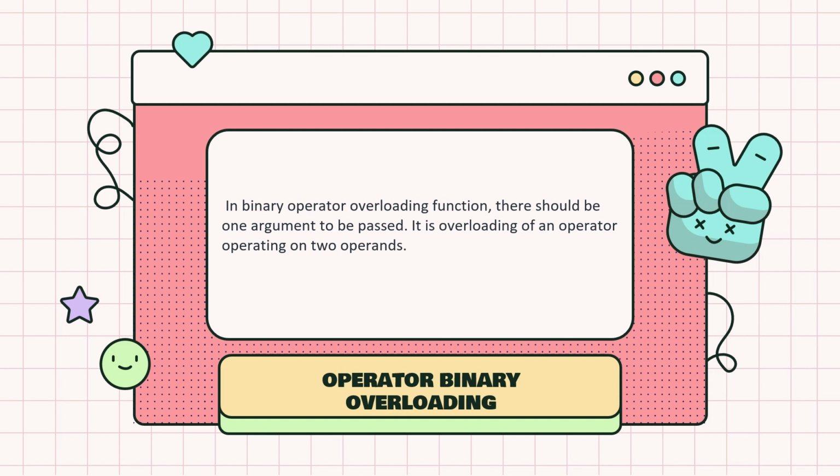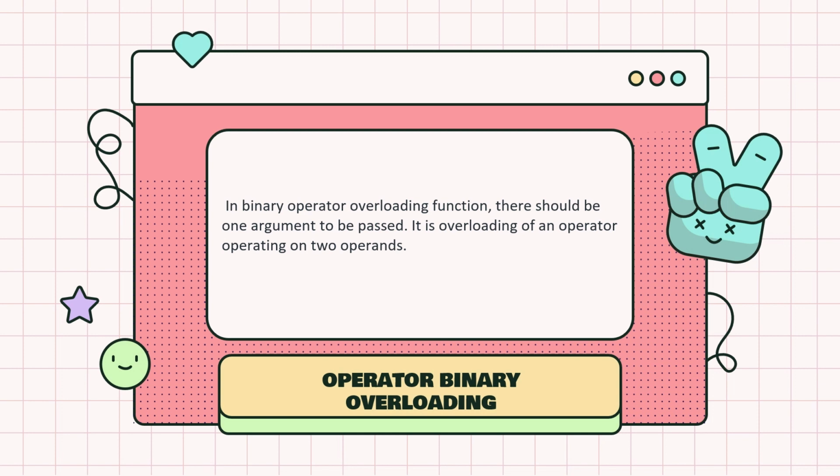So the difference between unary and binary operator overloading is that in unary operator overloading there is no argument to be passed and only a single operand, and in a binary operator overloading function we have one argument to be passed and two operands.